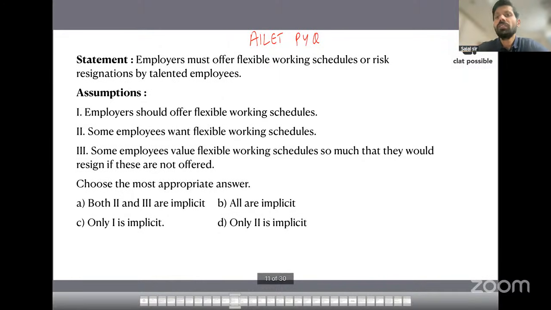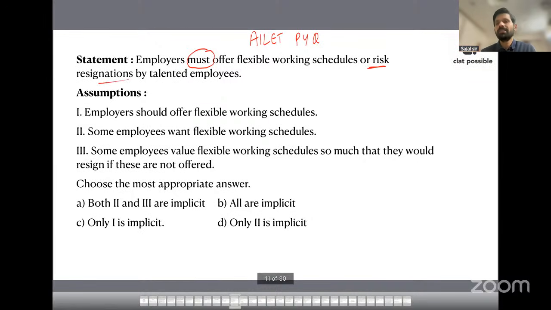Okay, so employers must offer flexible working schedules or risk resignations by talented employees. One says employers should offer flexible working schedules. So, what was given to us was employers must do this, right? Or risk resignations, right?